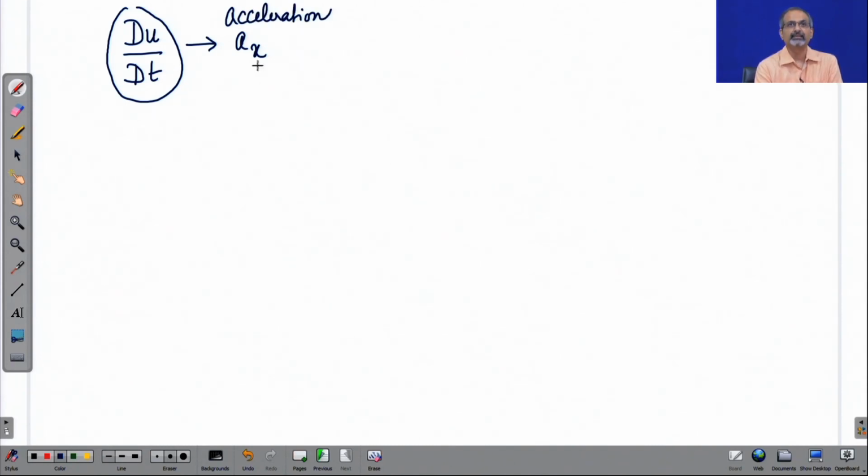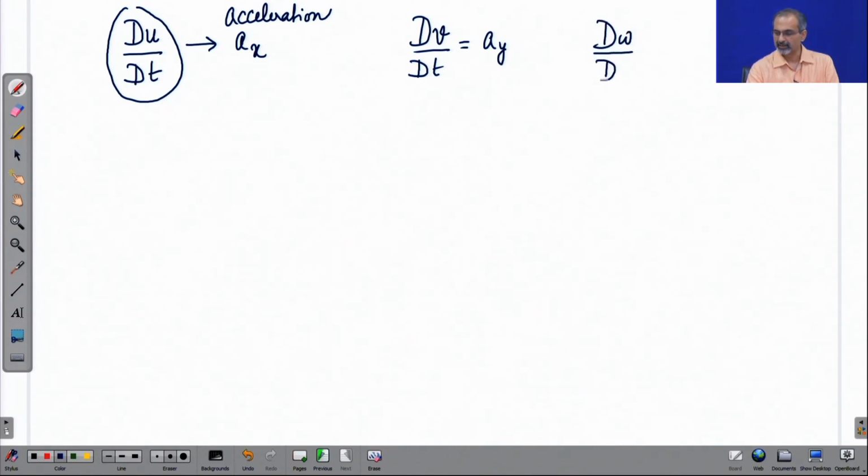Let us call it a x. Similarly, it will have other components of acceleration in a typical 3-dimensional flow field. For example, capital Dv Dt will be a y, Dw Dt will be a z, and so on.